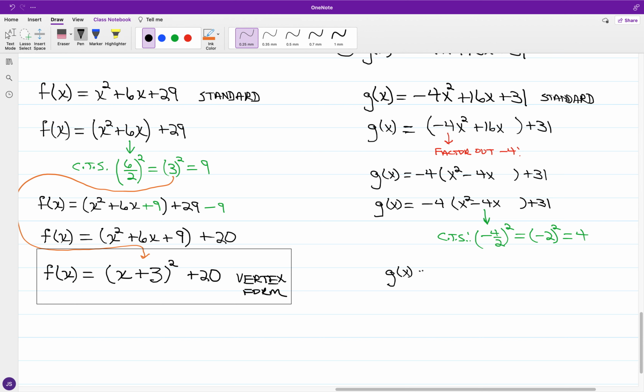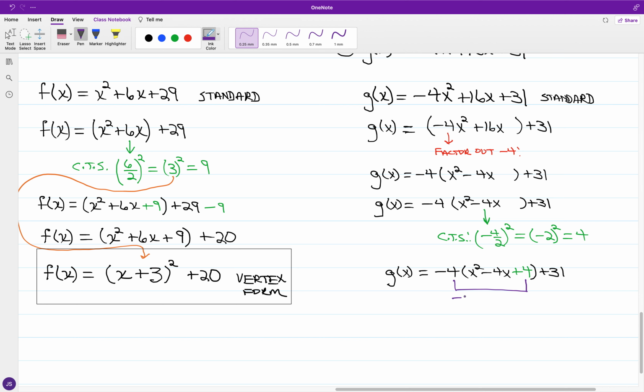Okay, so for right now, we got g of x. I have negative 4 times the quantity x squared minus 4x, and within the parentheses I'm going to add 4, and plus 31. And again, just making some adjustments. Because of the coefficient negative 4 on the outside, whatever I add to the parentheses is not done solely at the front.